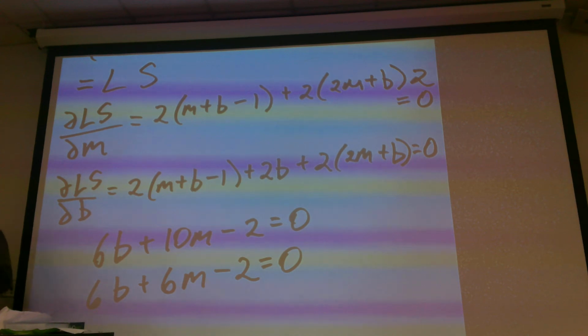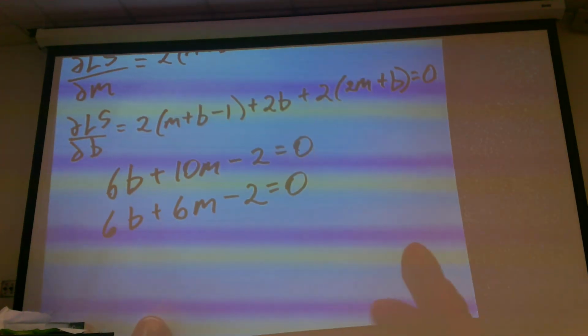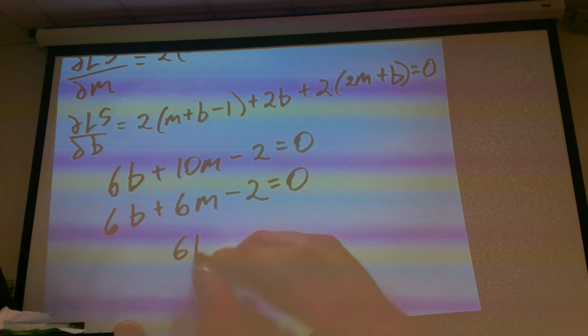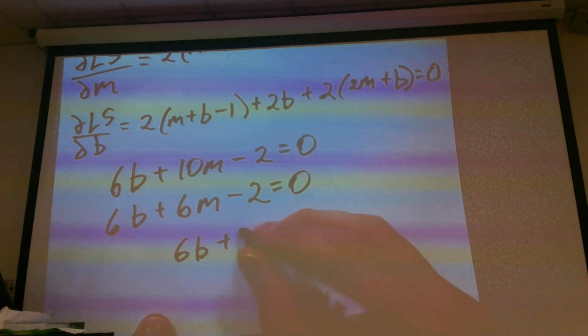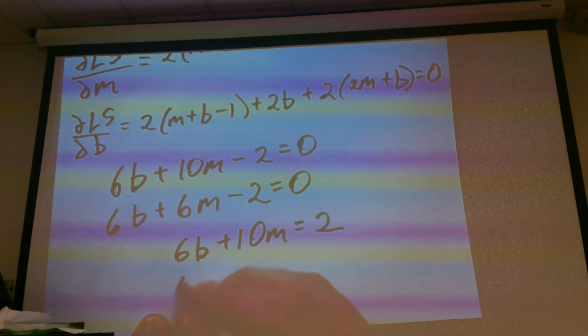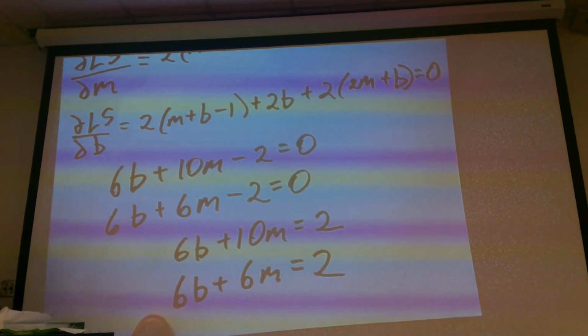Let's move those 2's to the opposite side of the problem, and then set it up in matrix form. So 6b plus 10m equals 2, and 6b plus 6m also equals 2.